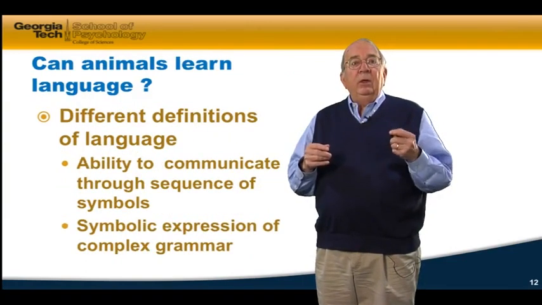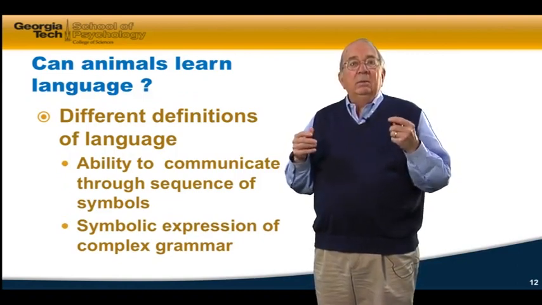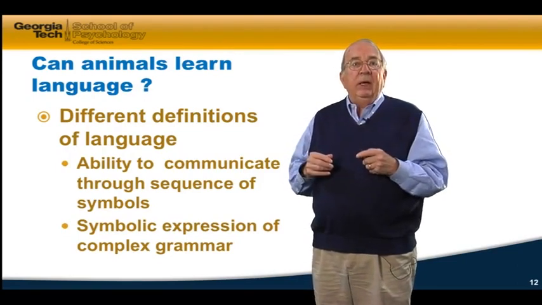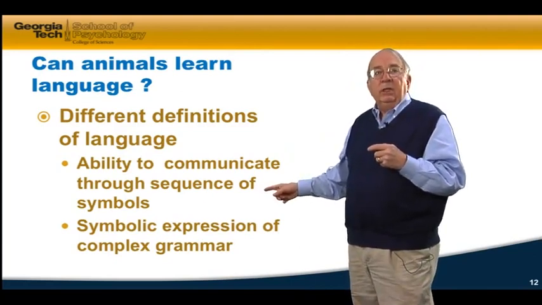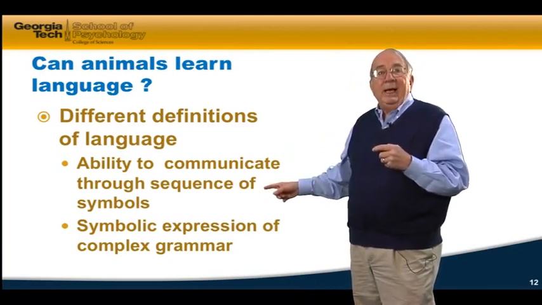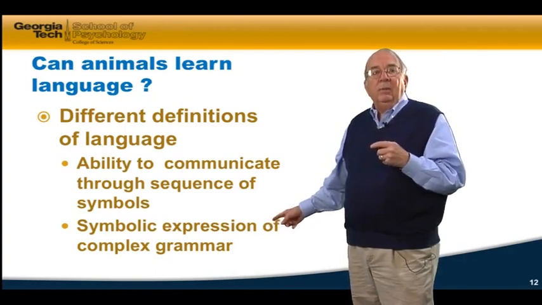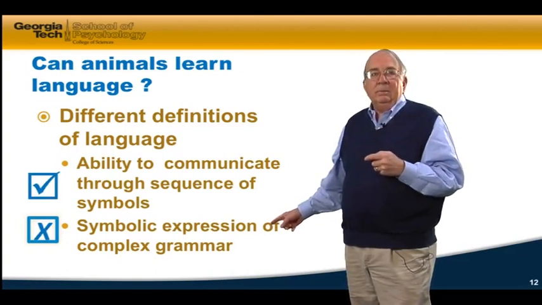So if we look at the evidence, is there language use by organisms other than humans? It really depends upon your definition of language. If you say that language is the ability to communicate through a sequence of symbols, the answer is clearly yes. But if you say it is a symbolic expression of complex grammar, then the evidence is not clear.